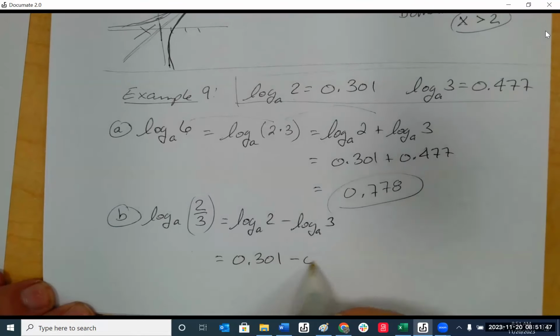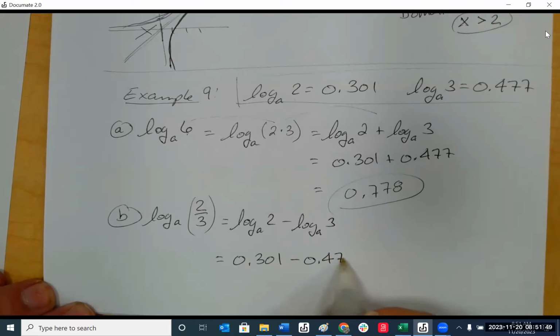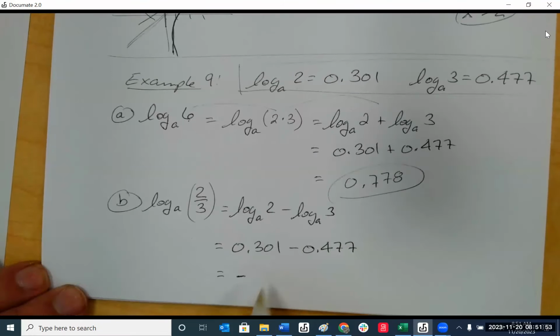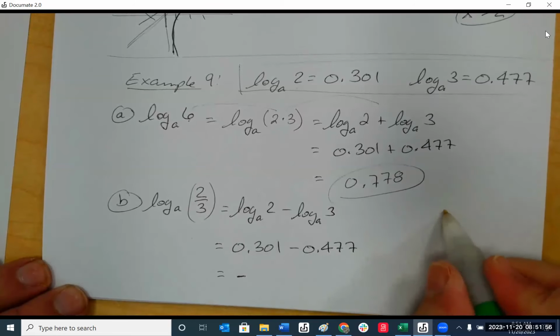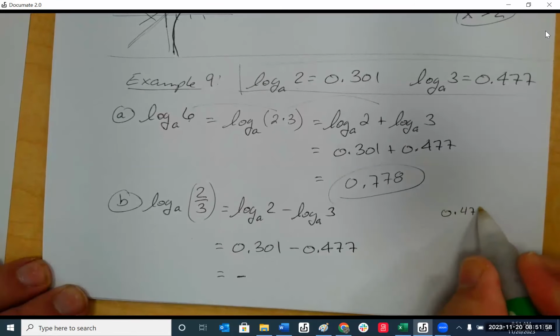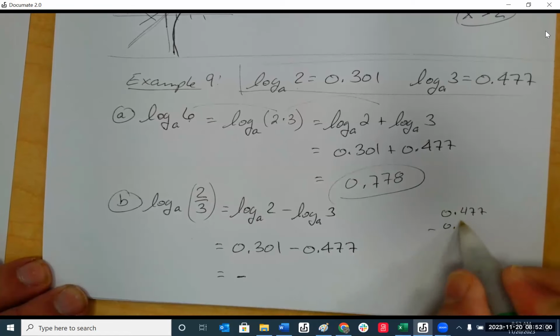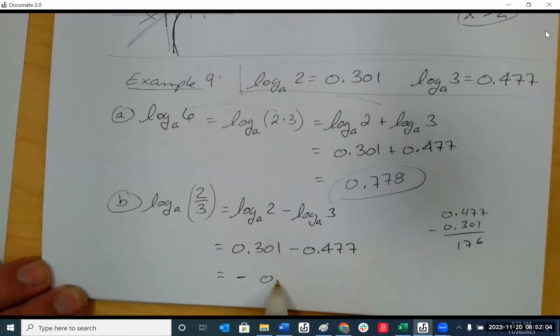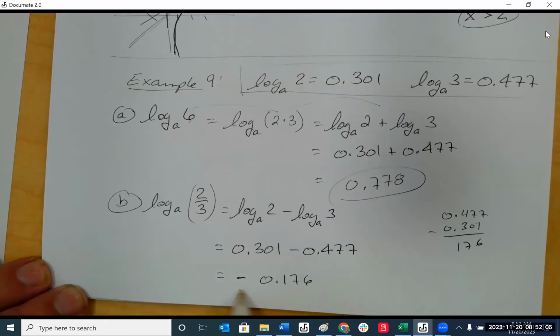Log base a of 3, that one's going to be negative. So we have 0.477 minus 0.301 is 0.176.